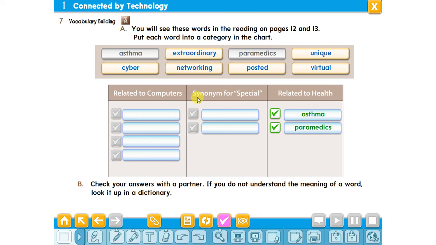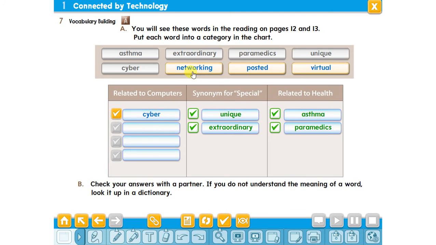Yes. What about a synonym for special? Unique is special. Extraordinary. Is it right? Let's see. Yes. The last four we have cyber. You know cyber.